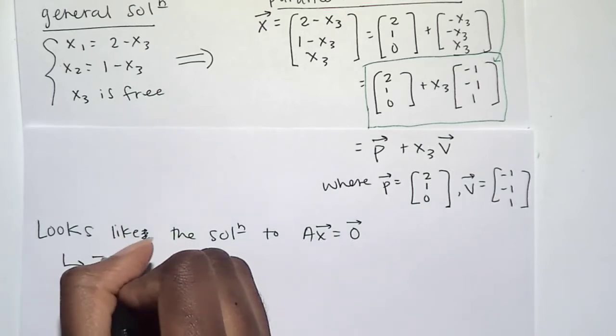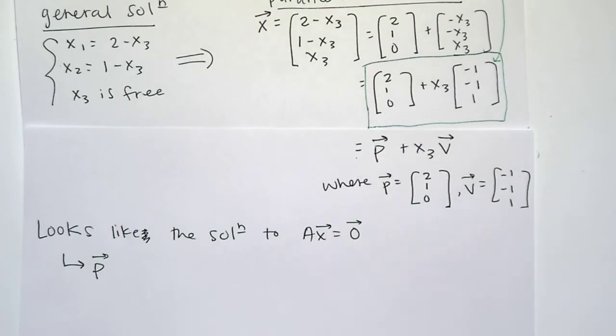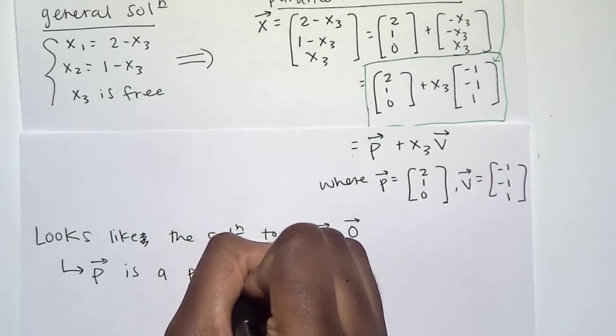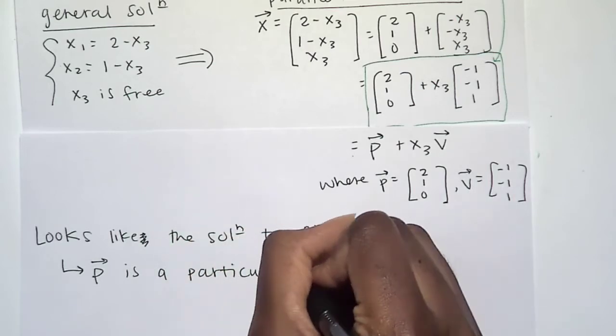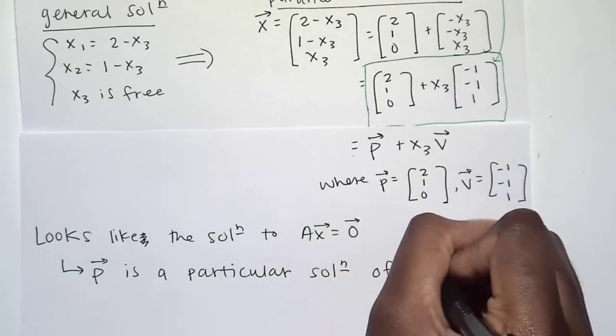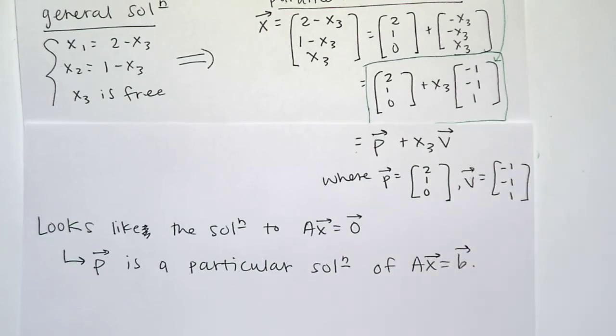And this letter P that I just named for this vector in front is called a particular solution of our non-homogeneous system, AX equals B.